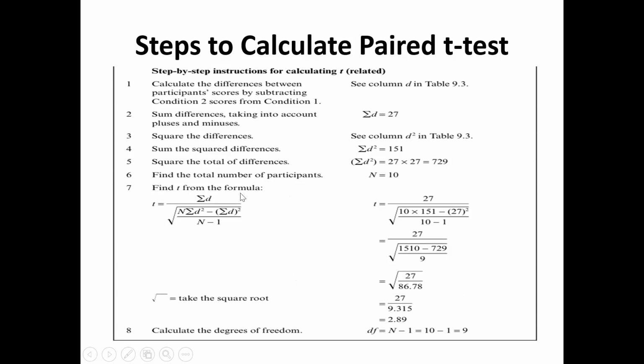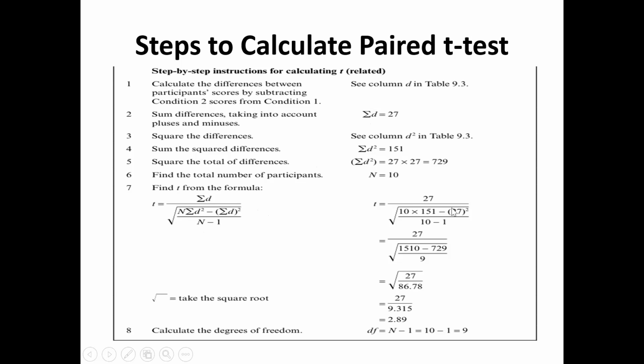Then find t using the formula. So this is the formula: t equals summation D divided by the square root of n times summation D squared minus summation D all squared, divided by n minus 1. So this is very easy. We have n, which is 10. Summation D is 27. Summation D squared is 151, multiplied by 10.